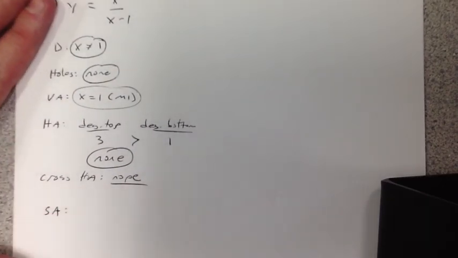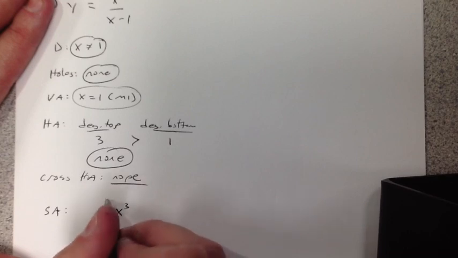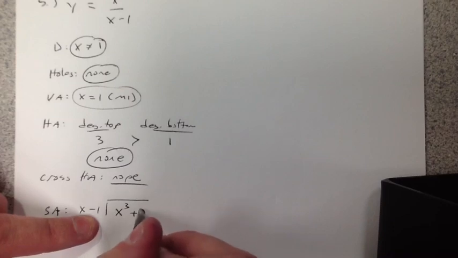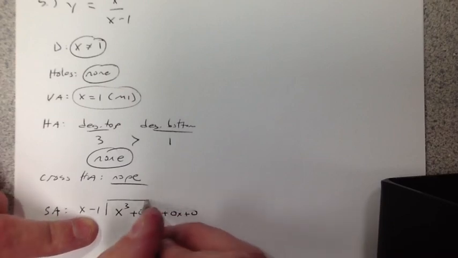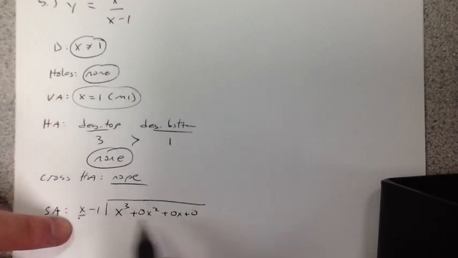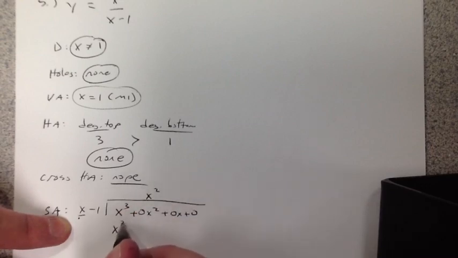Remember, to get the slant asymptote, we divide. We take that x cubed and we're going to divide it by x minus 1. So I'm going to put a few little x's here, 0x squared plus 0x plus 0. And how many times do I have to multiply by to get x cubed? X squared. So this becomes x cubed minus x squared.